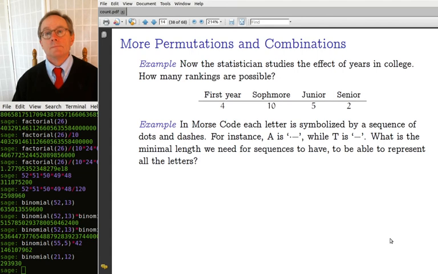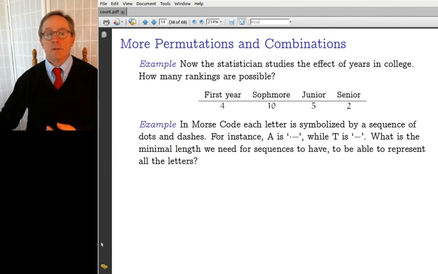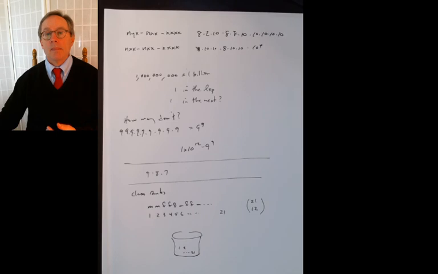Some more. Next, the statistician studies the effect of years in college. How many rankings are possible? So first year is 4, sophomore is 10, junior is 5, and senior is 2. So again, I'm going to go to the piece of paper. Need a new piece of paper here.